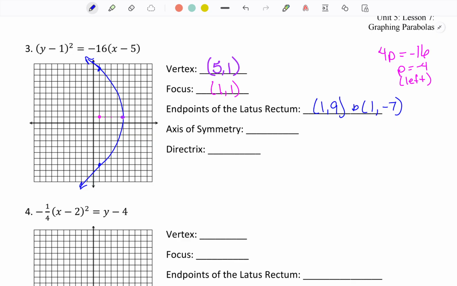And so we can go ahead and draw in our parabola from there, because we do have the latus rectum in.